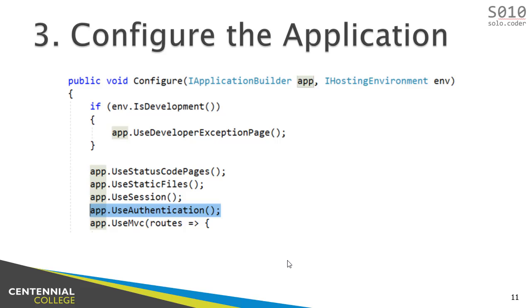That's the service that gets used to perform authentication in our application. Without that, it won't work. Sometimes we are trying to make it work and you are not able to log in, and you're going to see that you might be missing this line of code from the configure method under the startup class.